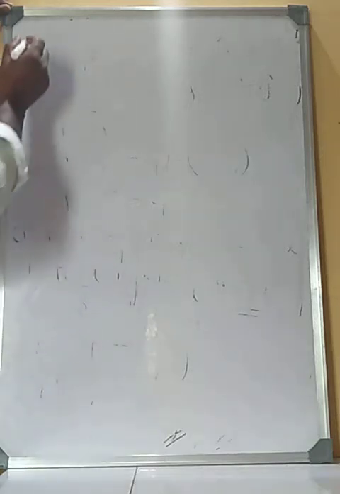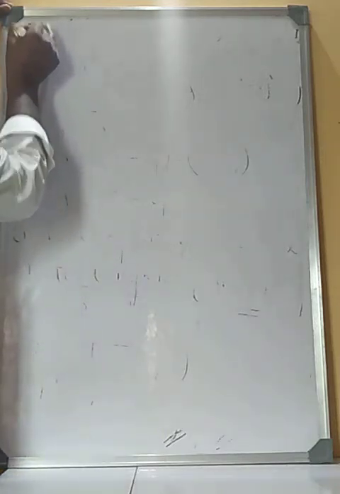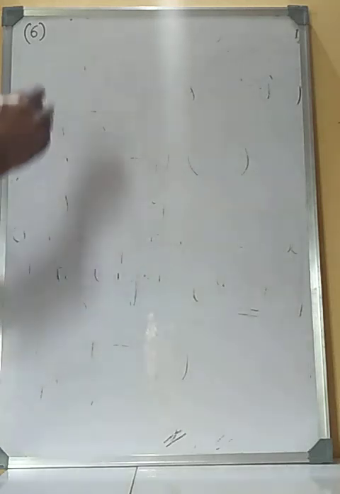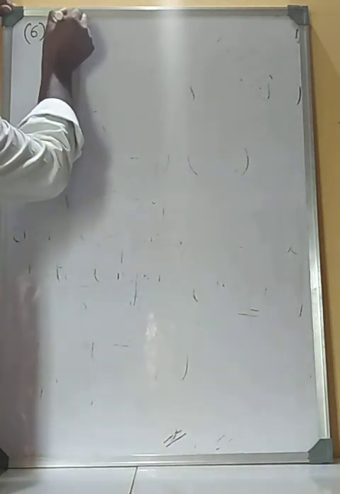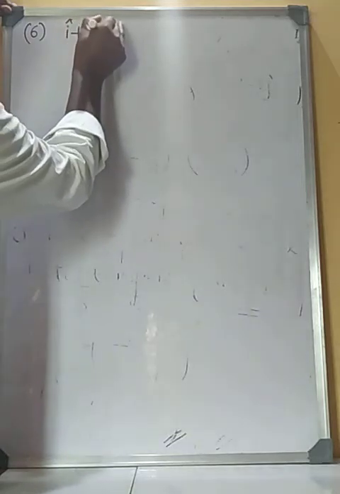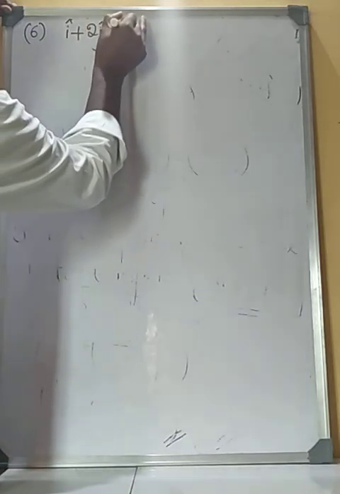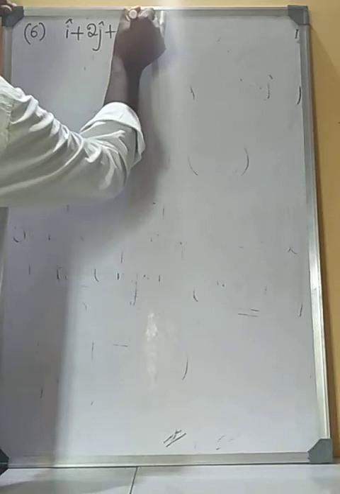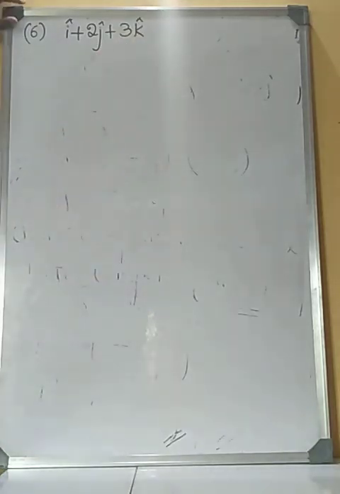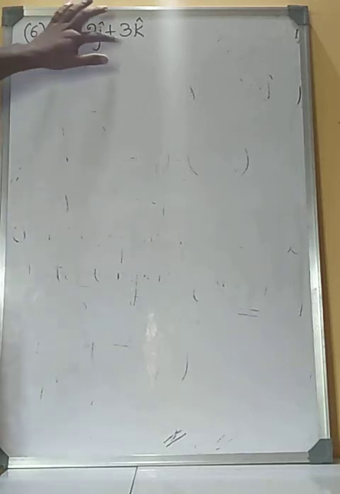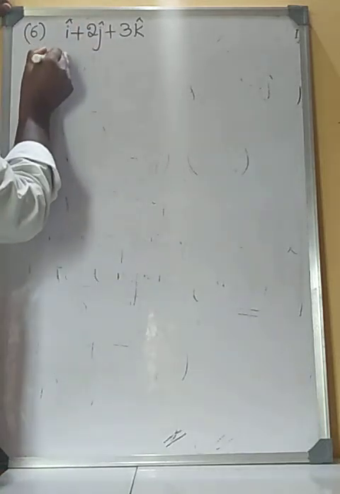The next example, find the direction cosines of the vector i plus 2j plus 3k.